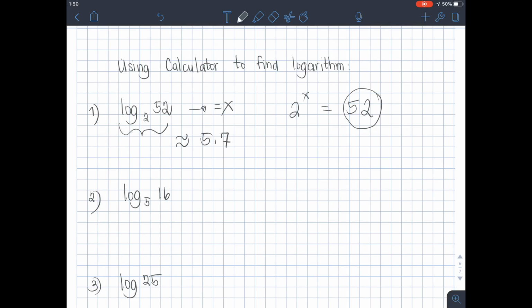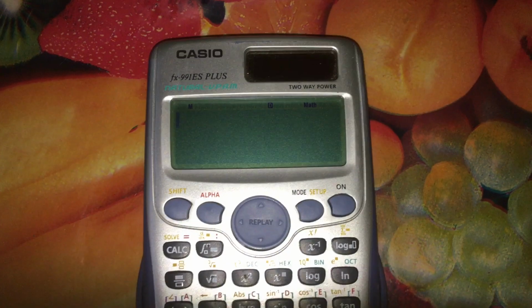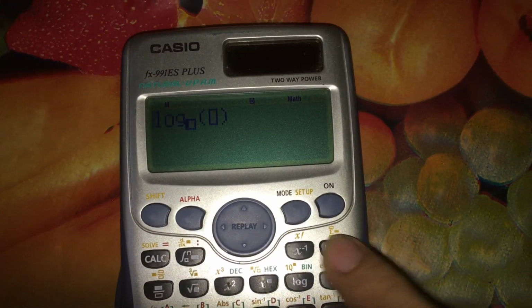Okay? Next example, we have log of 16 base 5. So, obviously, hindi ulit ito eksakto kasi pag in-equate natin ito sa x and convert into exponential form, we have 5 raised to x is equal to 16. Which is yung 16, hindi naman natin mako-convert exactly into exponential form with base 5. So, gagamit ulit tayo ng calculator. Okay, so press nyo lang ulit itong button na to.